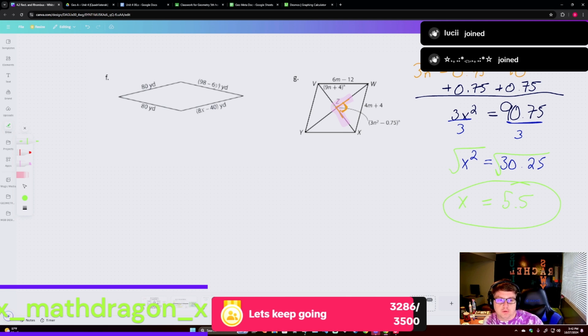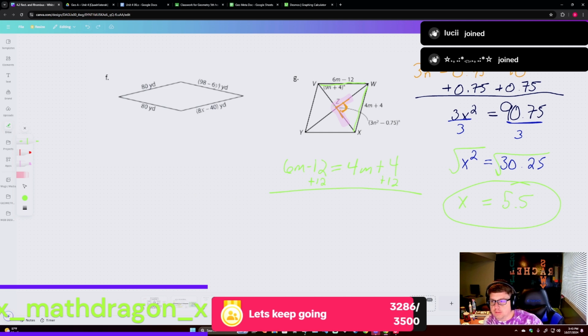Okay. Now, ooh, that's interesting. I don't think we would know that. How could we figure that out? Anyways, all 4 sides are going to be equal. So 6m minus 12 equals 4m plus 4. Add 12 to both sides.